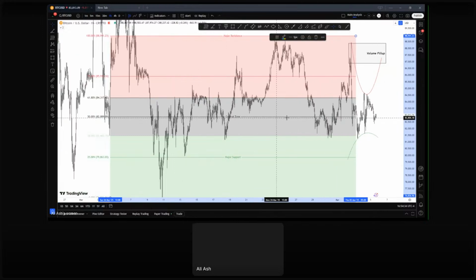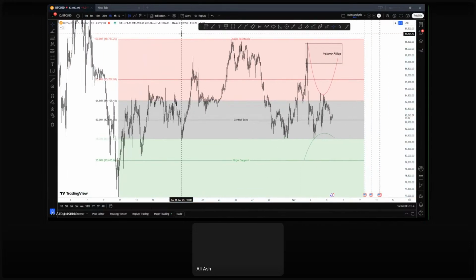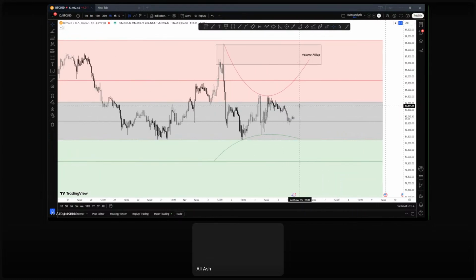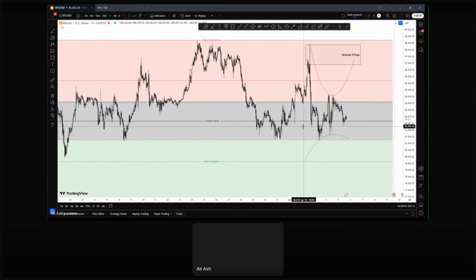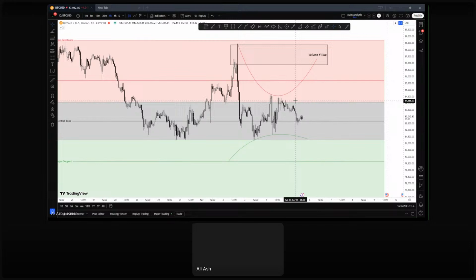Let me just lock it up. This grayish area is the central zone. You can see that the 50% grayish area up till 61% and 38% is the central area. So the market is using this as support and trying to go over this resistance.